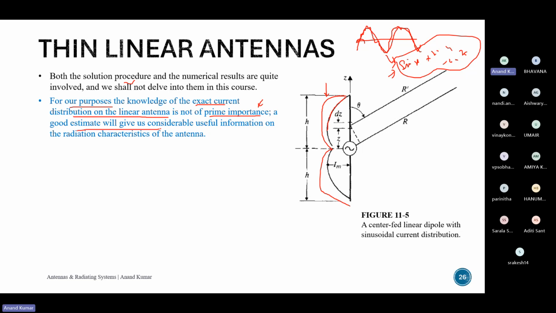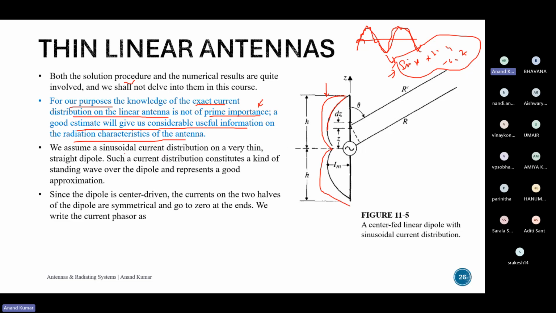So a good estimate will give us considerable useful information on the radiation characteristics, and we will take it as sinusoidal. We'll see that now. We assume a sinusoidal current distribution on a very thin straight dipole. This is the sinusoidal distribution on a straight dipole, and such a current distribution constitutes a kind of standing wave over the dipole and represents a good approximation.